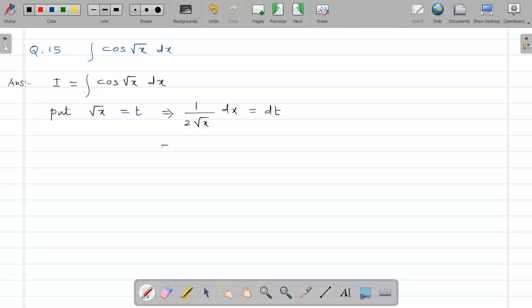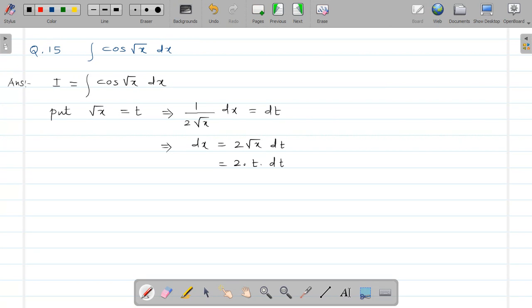So now we need the replacement of dx, but here dx is equal to 2 root x dt, but what is root x here? It is 2 into t dt. So in place of root x we will put t, and in place of dx we will put 2t dt.